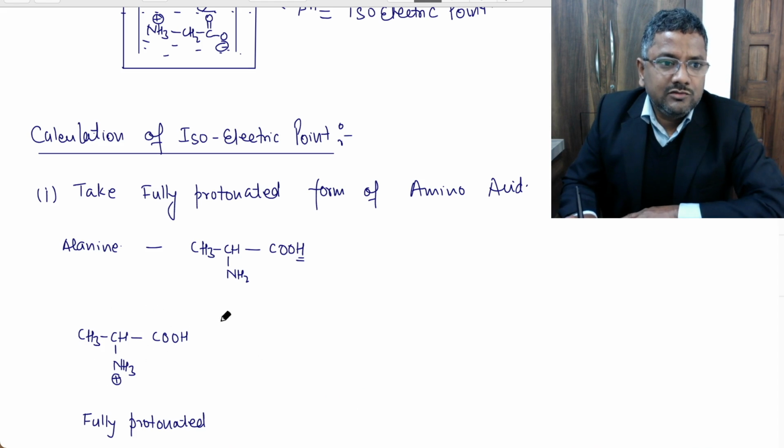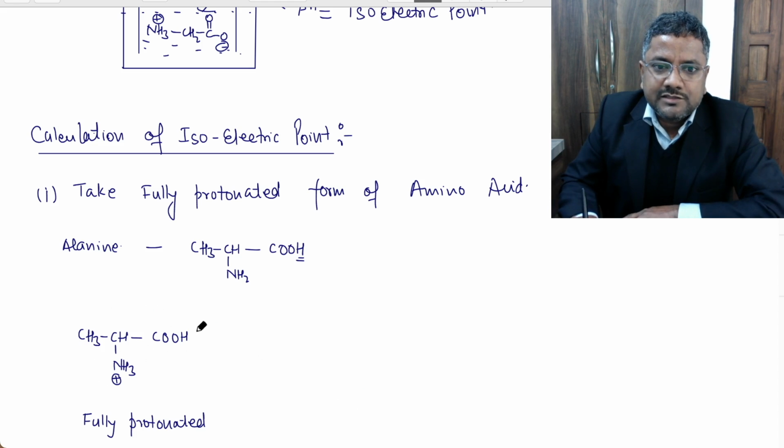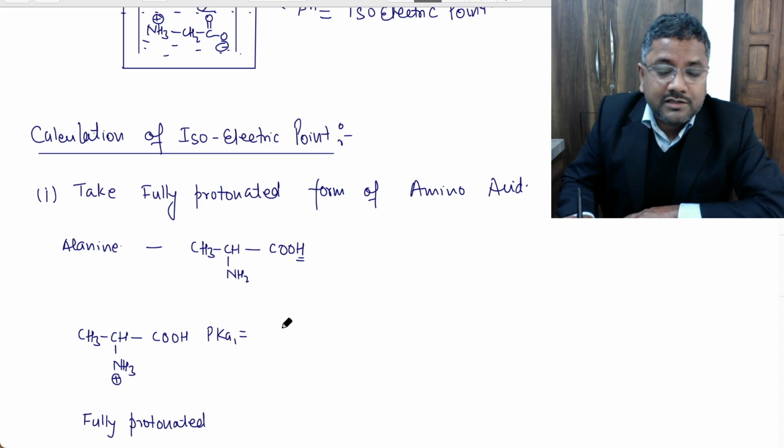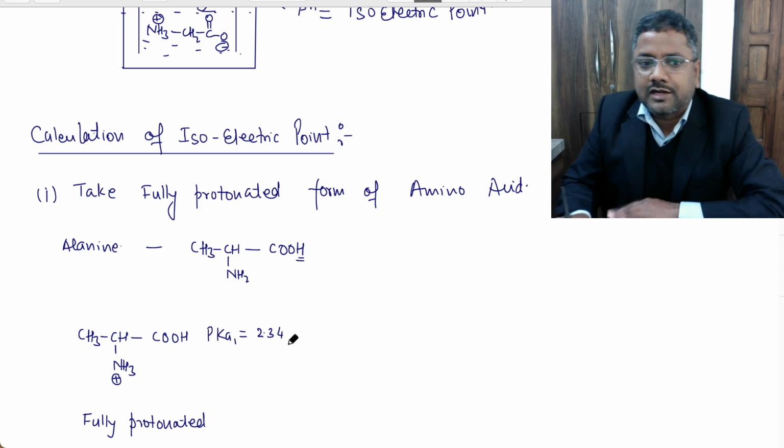And this COOH group has a pKa1 value, meaning negative log of Ka, of 2.34. This should be given, otherwise you cannot calculate.